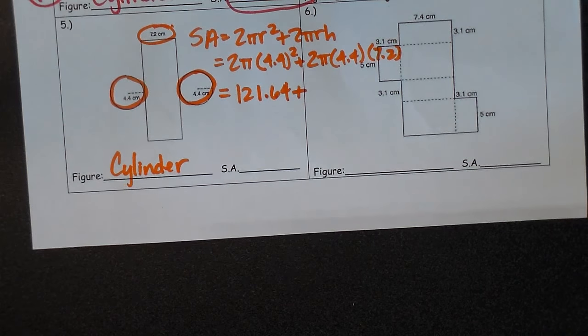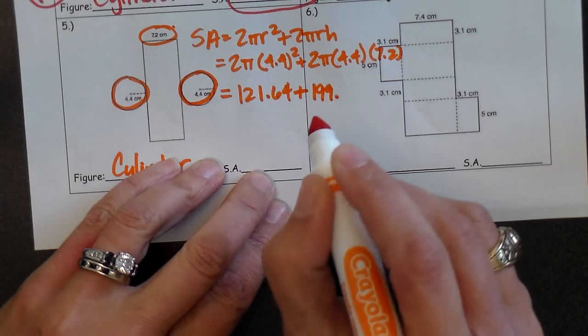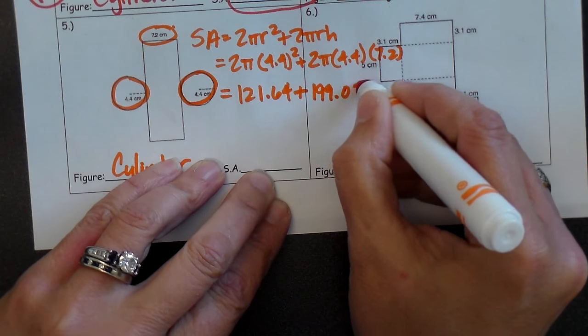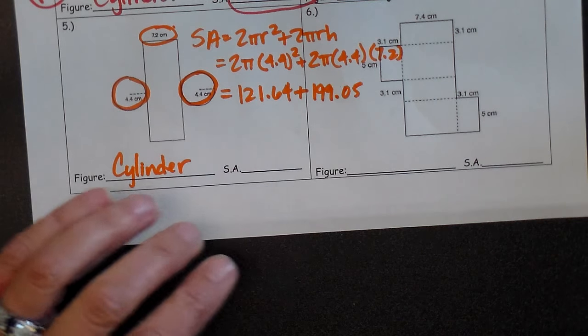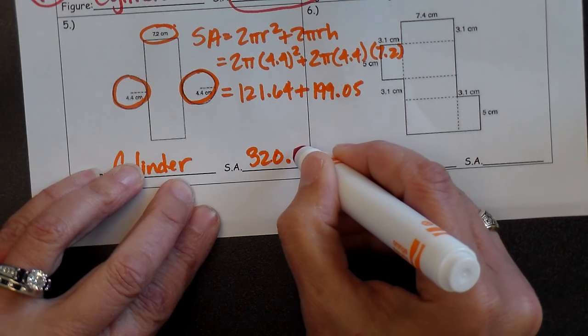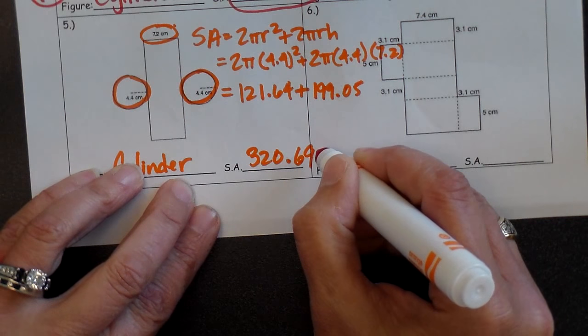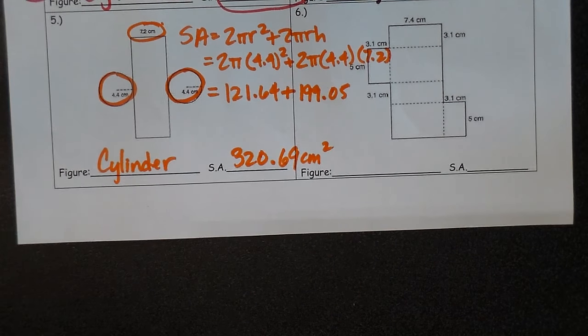And then for this part, it's 2 times pi times 4.4 times 7.2, which is 199.105. So I'm going to add those two together. And that gives me a total of 320.69 centimeters squared. So that is the surface area of my cylinder.